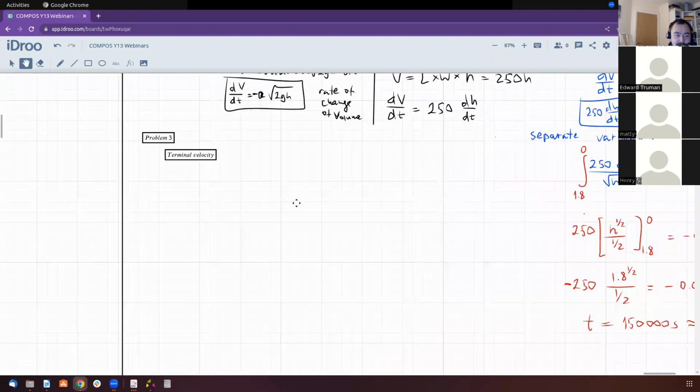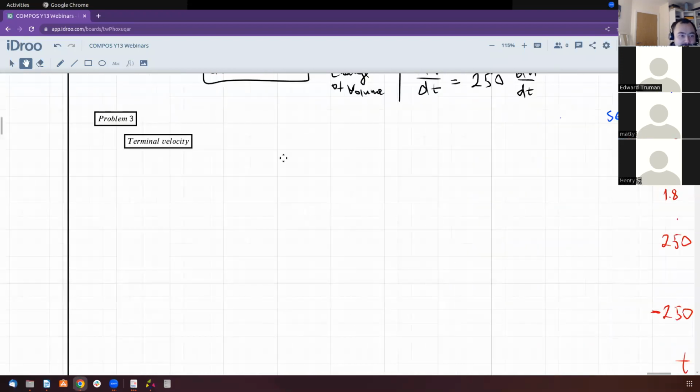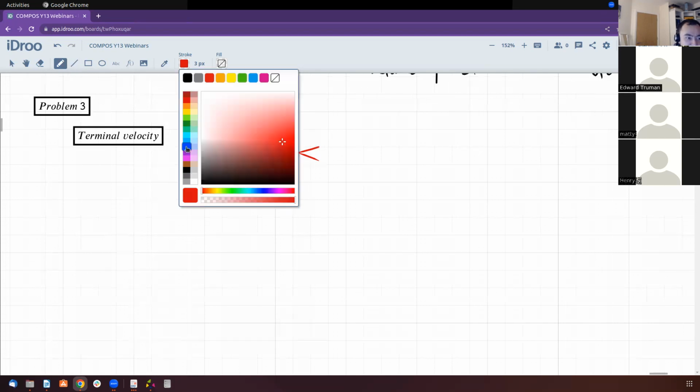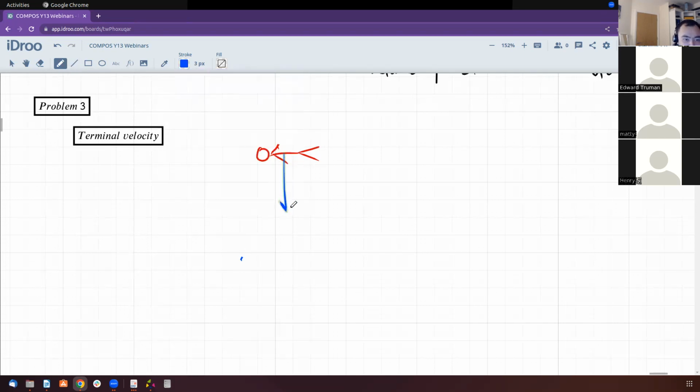Now, terminal velocity. Imagine a person is falling through the air. What are the forces acting? We have gravity, mg, and we have the air resistance.